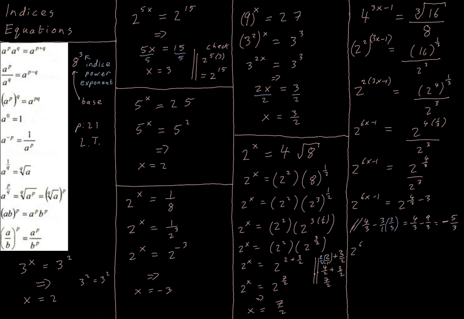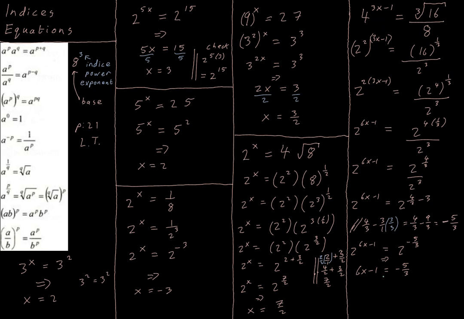So I have 6x minus 1 is equal to 2 to the minus 5 all over 3. And at this point I have 2 to the power of something is equal to 2 to the power of something. So these two powers must be equal to each other. So now I have an equation in x that I'm able to try and solve.